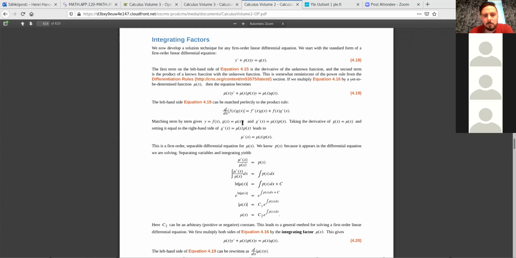When we multiply it with mu of x, we can formulate a differential equation in its own right, which is a simpler one to solve, because if we take the derivative of this right-hand side and solve this for mu prime of x, then we get that mu prime of x must be equal to mu of x times p of x.